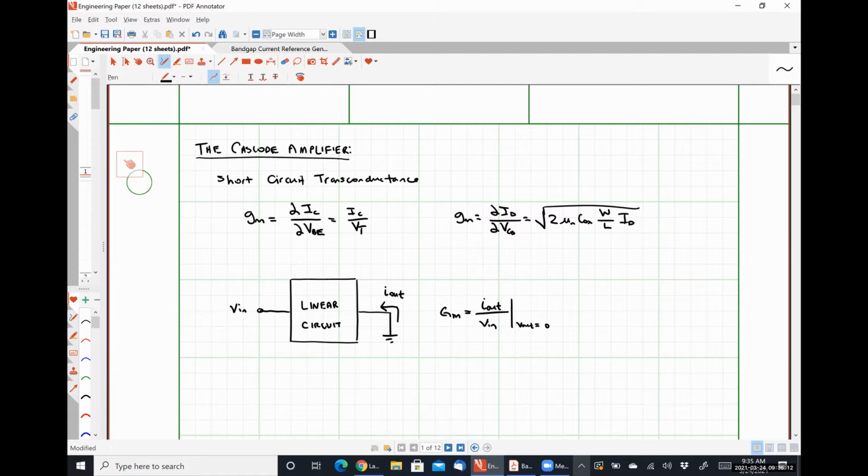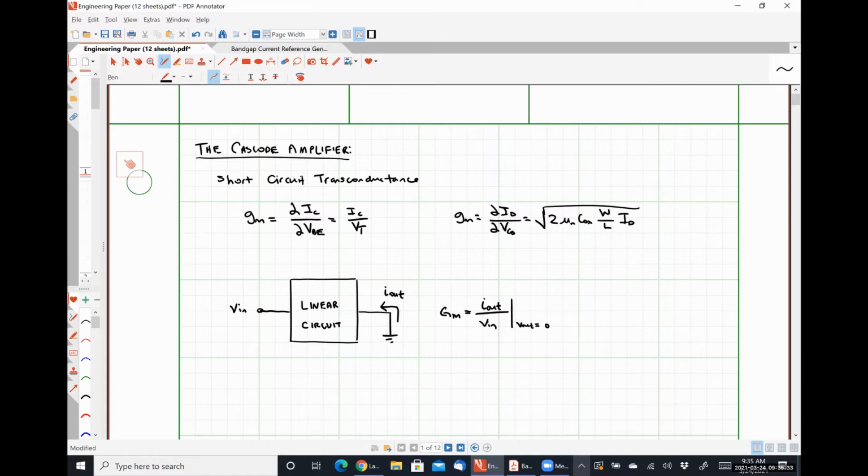So this is what our short circuit transconductance is going to look like. I want to make it very, very clear here that the direction of our output current for this measurement is that that current is flowing into the output node. That's going to be very key momentarily.